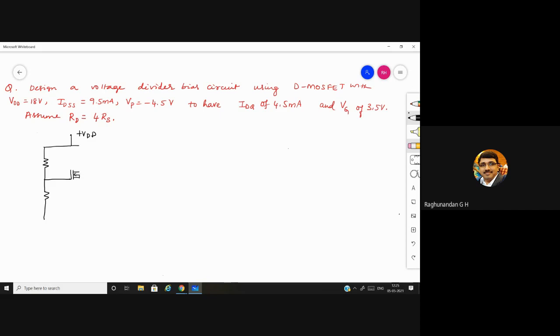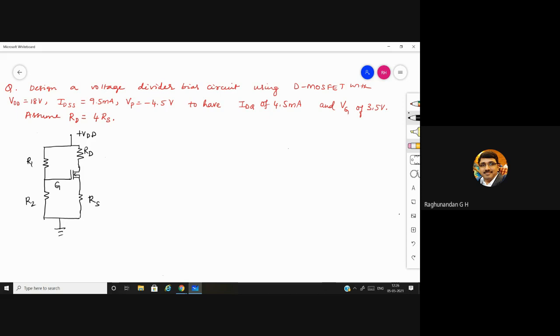This is the symbol which we had studied in basic electronics. Even the modified symbol like this is also the same. So here we are having RD, R1, R2, and here we are having RS, and this is our gate.